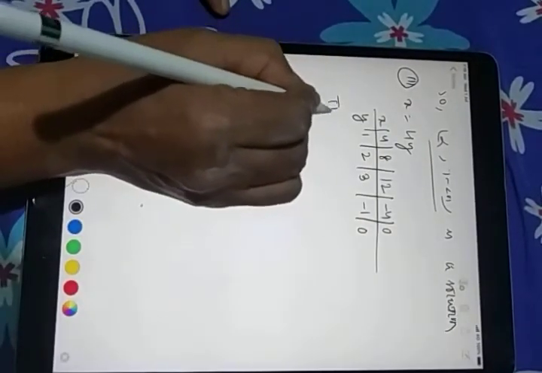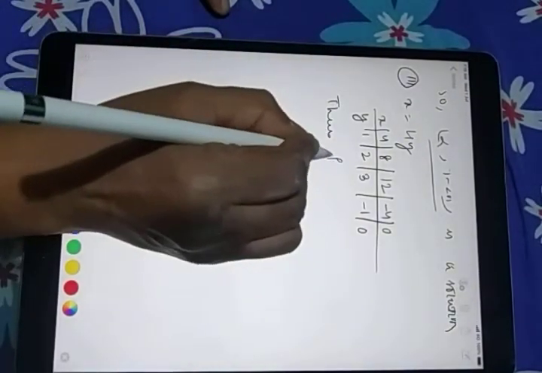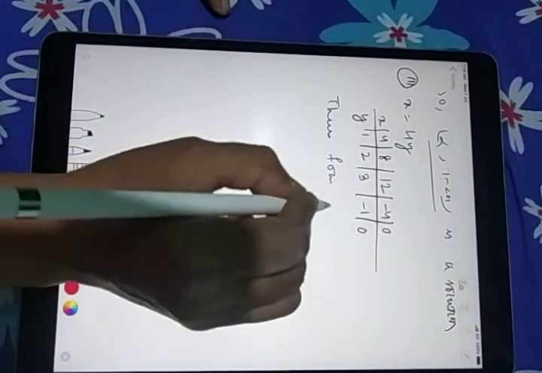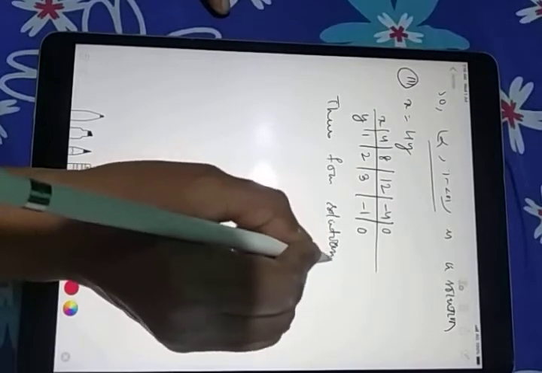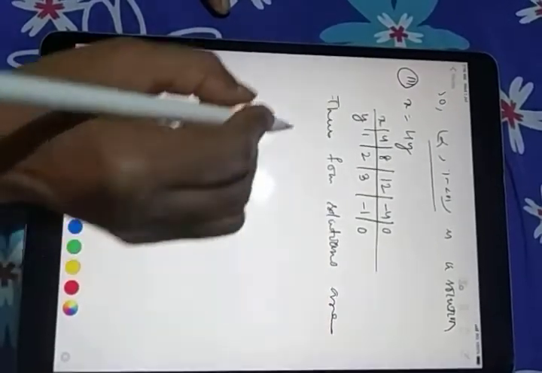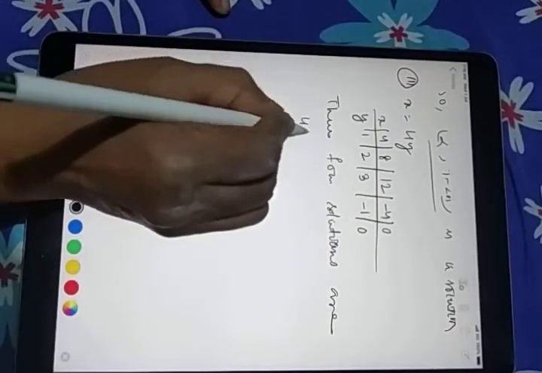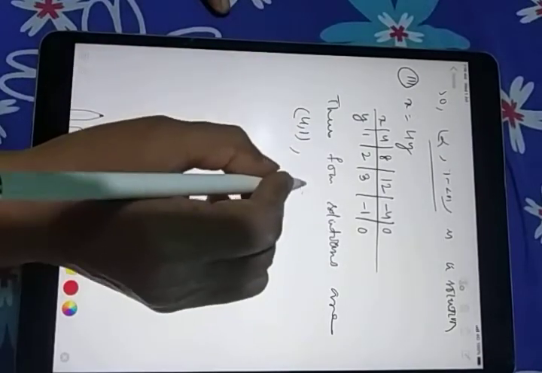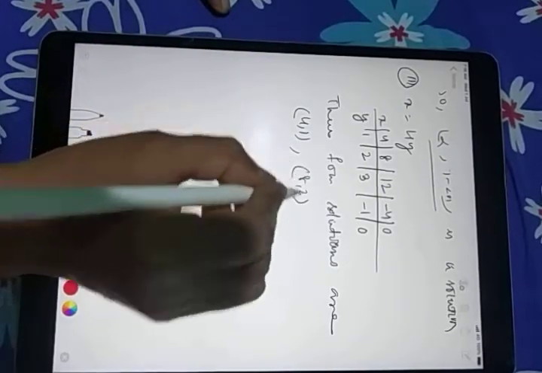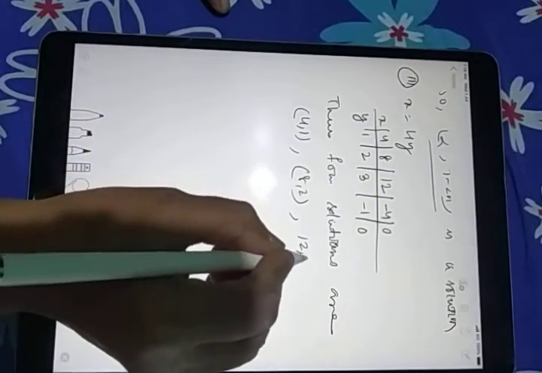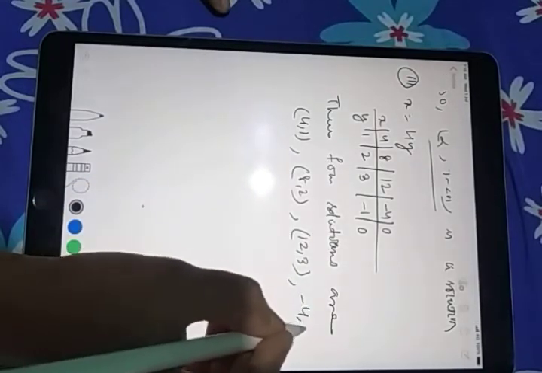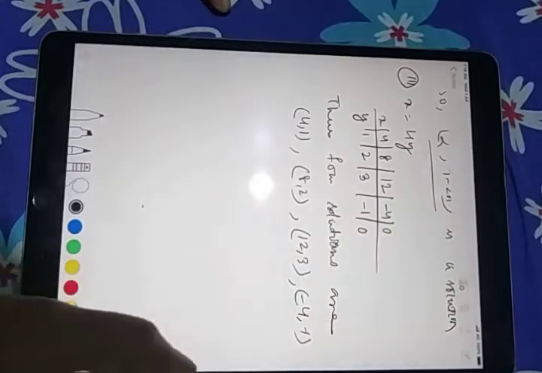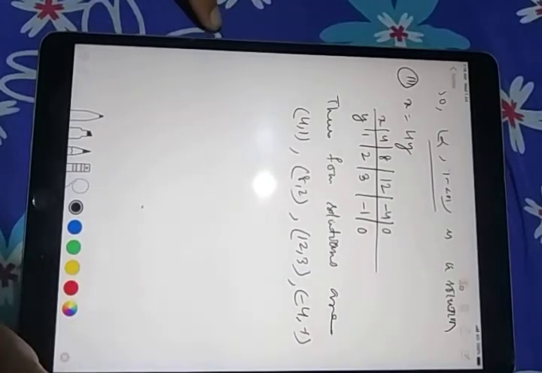Thus 4 solutions are (4, 1), (8, 2), (12, 3), (minus 4, minus 1), (0, 0) also. So this is a shortcut method.